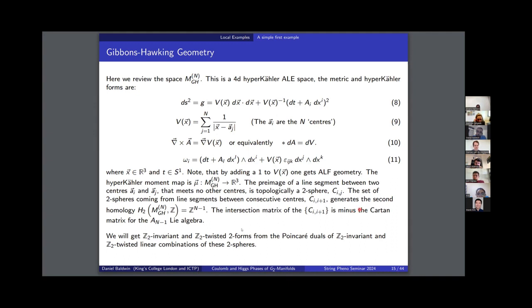And the topological intersection form of all of these 2-spheres is minus the Cartan matrix for the A_{n-1} Lie algebra. And we're going to get Z2 invariant and Z2 twisted two-forms in our space from the Poincaré duals of Z2 invariant and Z2 twisted linear combinations of these 2-spheres. So this will be important when we do the Kaluza-Klein analysis, because we essentially are just counting harmonic forms. Sorry, these two-forms are harmonic as well.